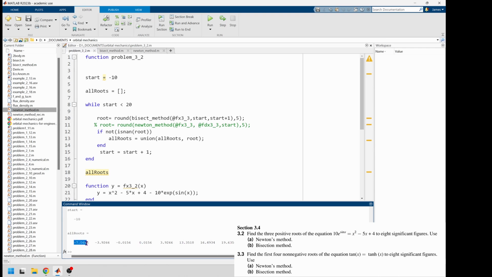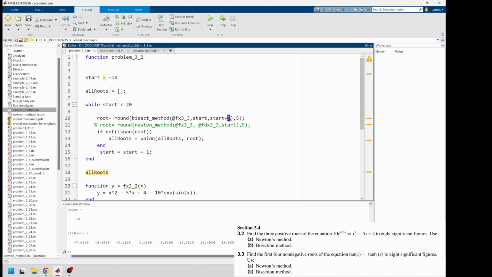Actually, it's missing this one just because of the, I think the interval that we've got going on there. Yeah, so the bisect method is probably going in one direction there.